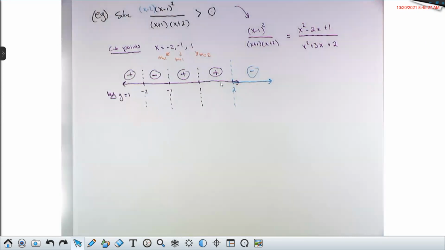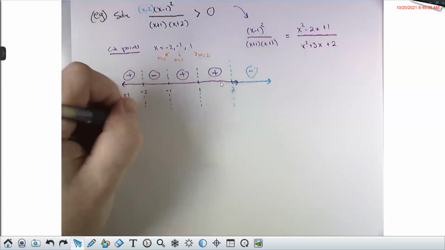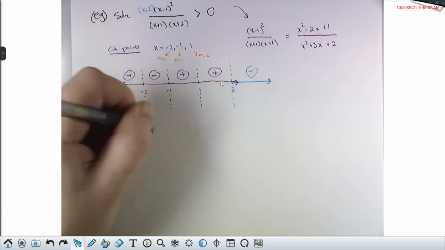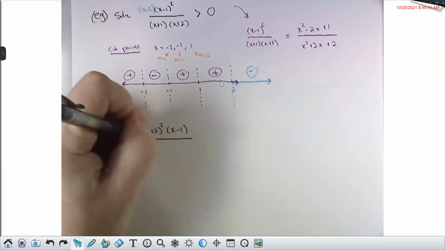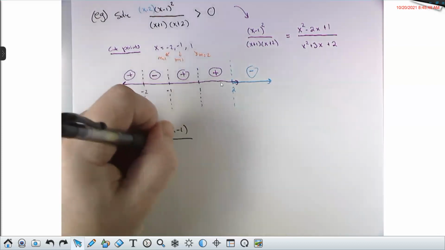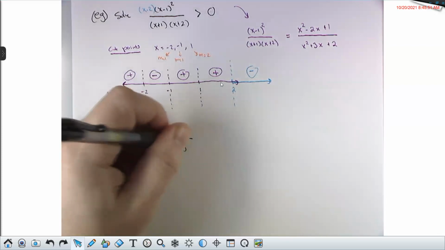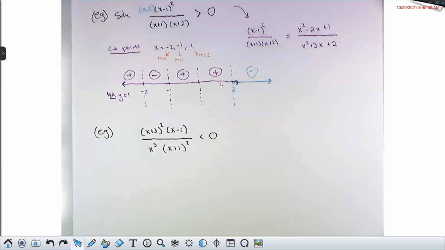All right, let's do one more like this. Let's do something like this. How about x plus 3 squared times x minus 1 over x cubed times x plus 1 squared, less than 0. Real quick, before I go off to this next example, let me just write down the answer for the purple question here.